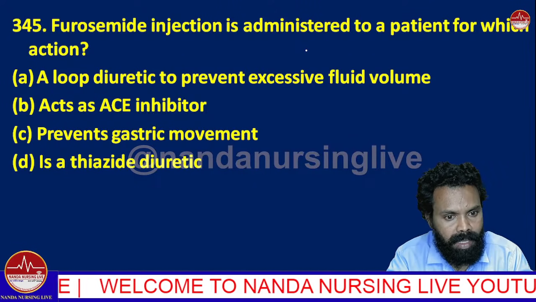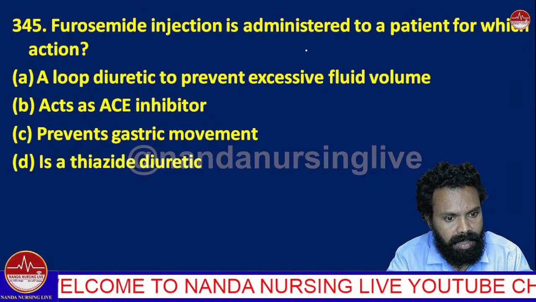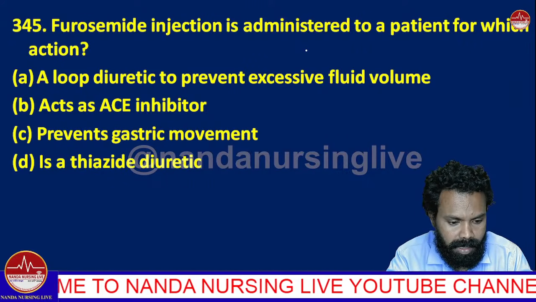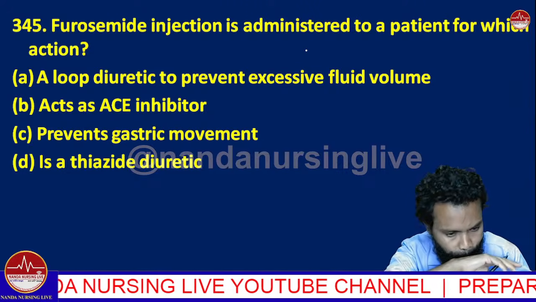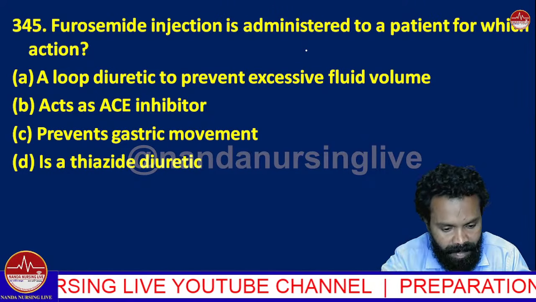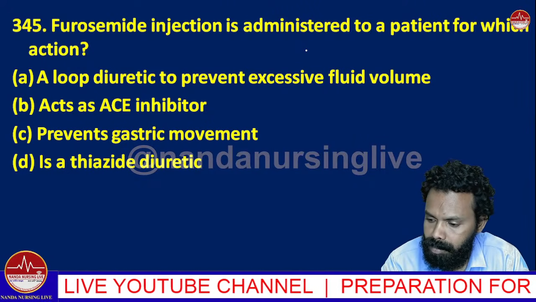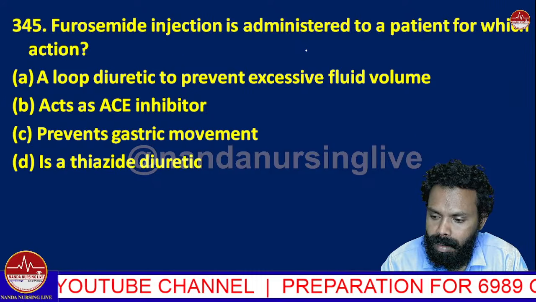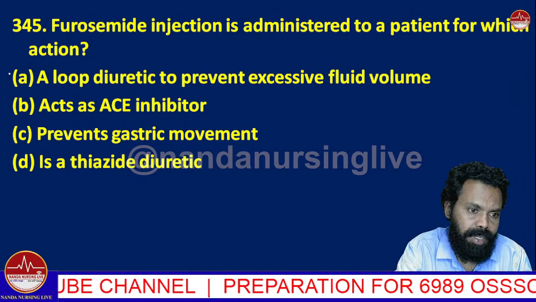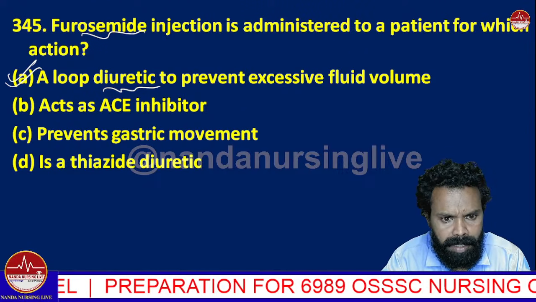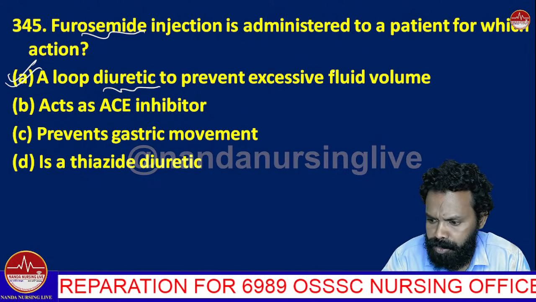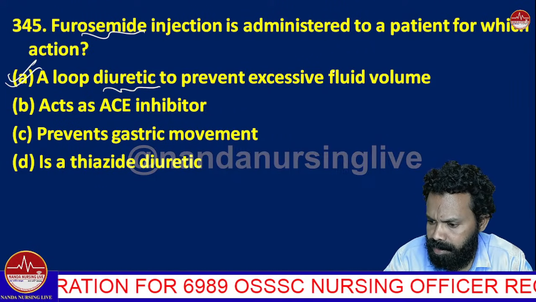Option C prevents gastric movements. Option D is a thiazide diuretic. So which option is the correct answer, beta? Correct answer is option A. Furosemide injection is a loop diuretic, beta, and it prevents excessive fluid volume. So option A is the correct answer, right?